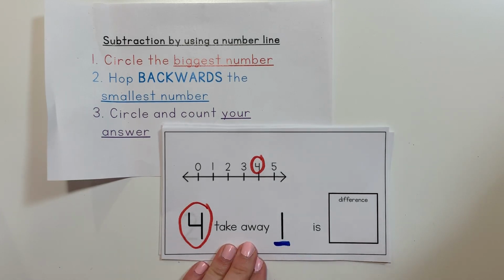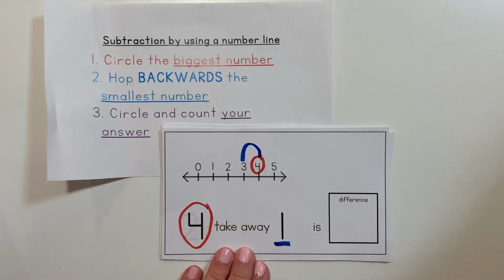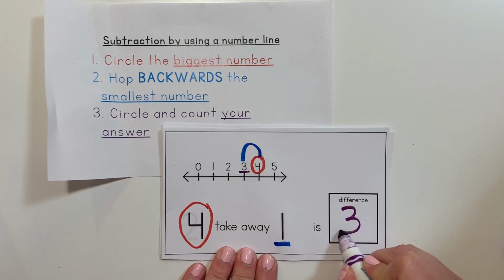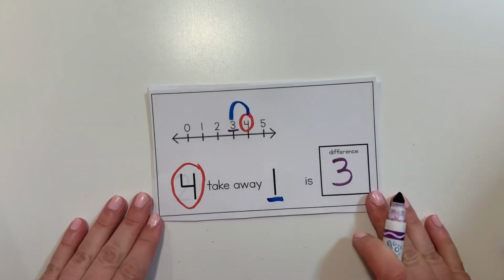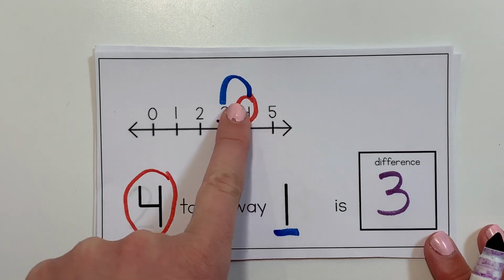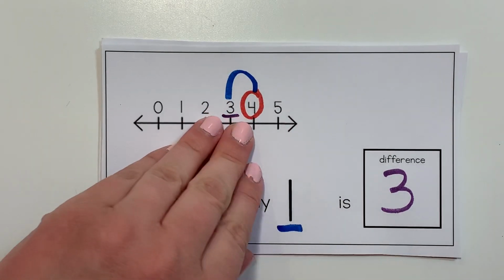So I'm going to underline that number because I'm going to hop backwards 1 time. And my last step is to write your answer. So 4 take away 1 is 3. Start with my biggest number, hop backwards my smallest number, write my answer or the difference.